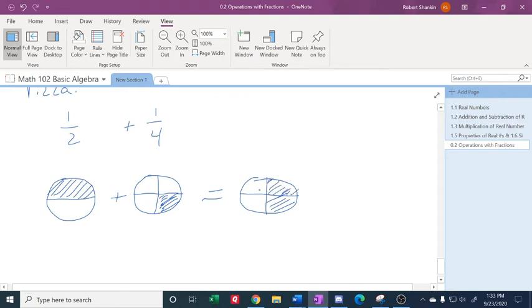That makes sense. So we know that we've got to get three-quarters as our answer.